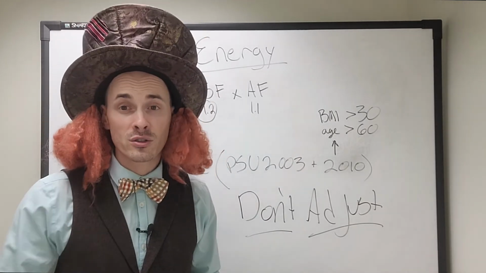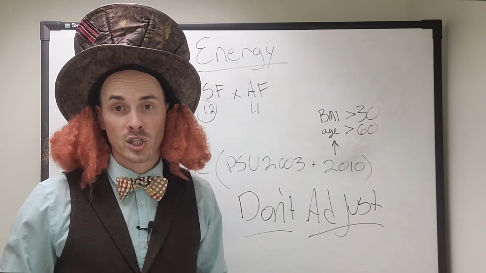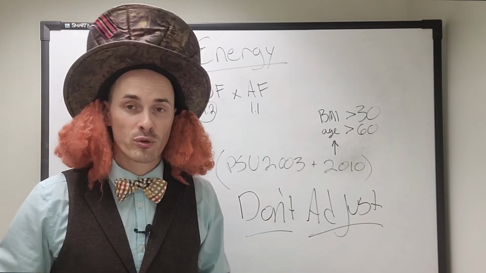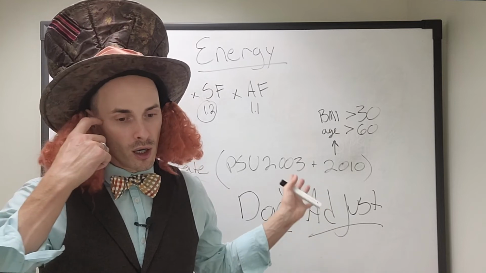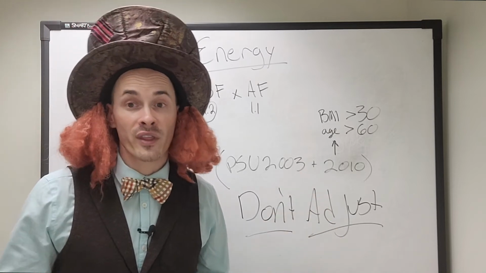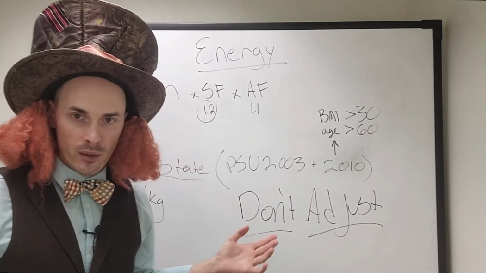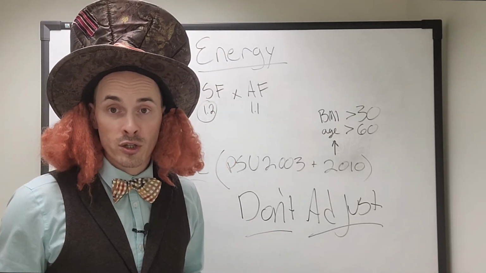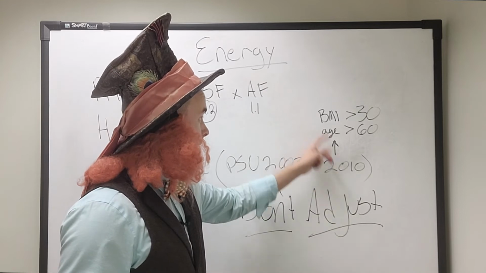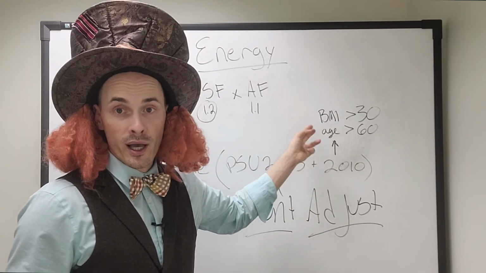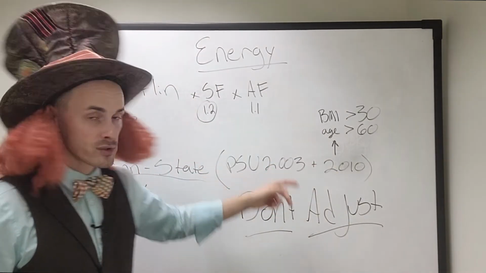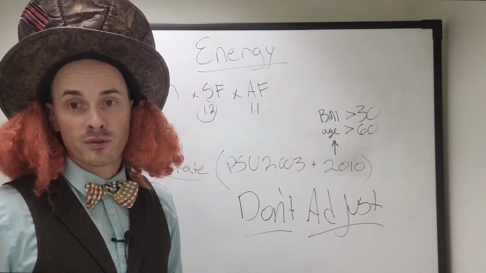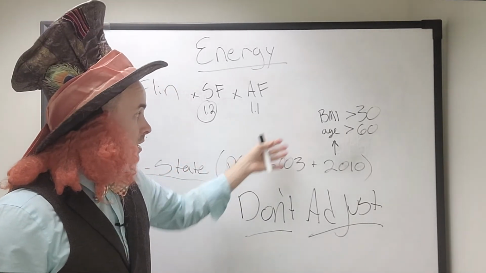So again, using the nutrition care manual, it will determine based on the information that you've provided which equation to actually use, so you don't have to think about it. But if you have an app or something and you have to figure out which equation to use, keep in mind the 2010 accounts for BMI and older age, whereas the 2003 would be used for BMIs under 30 and ages under 60.